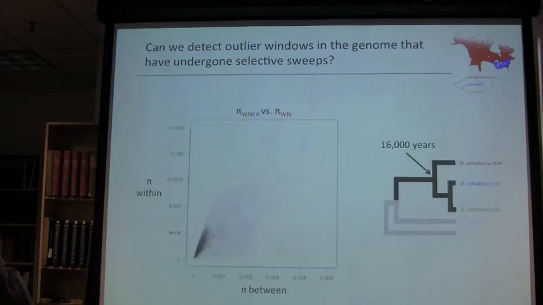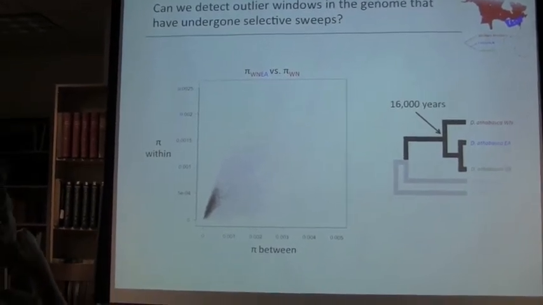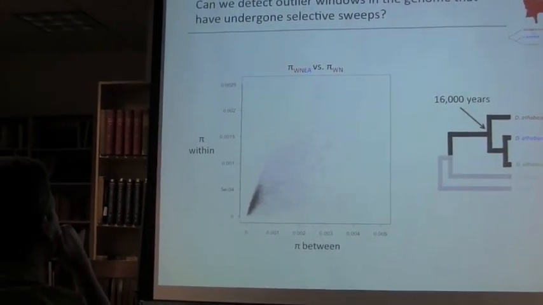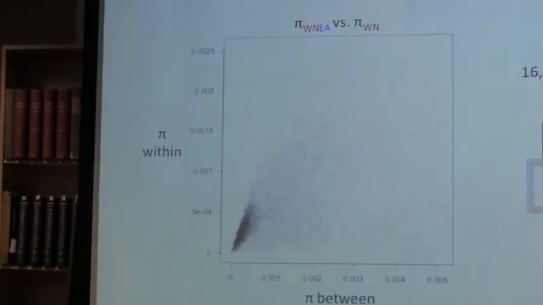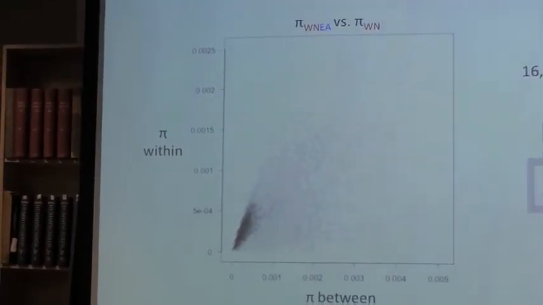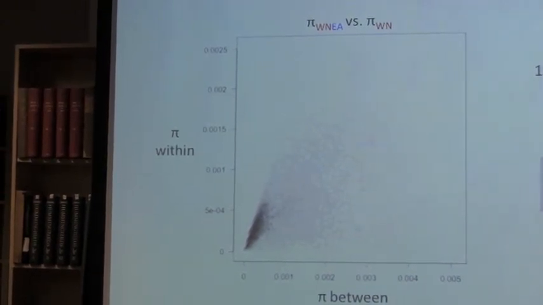And so we made this plot for the different comparisons. This is just one example of the comparisons using the western northern semi-species. This plot actually looks the same for all comparisons using western northern, whether you use pi within from either.